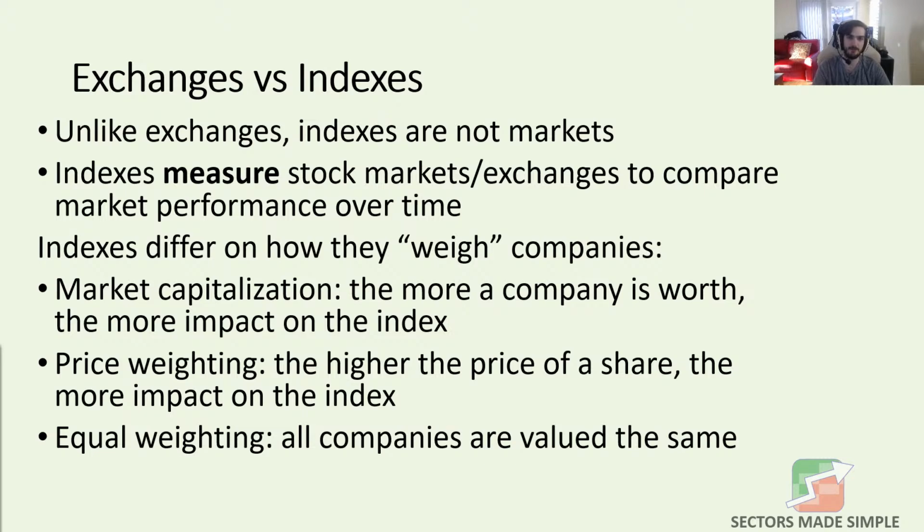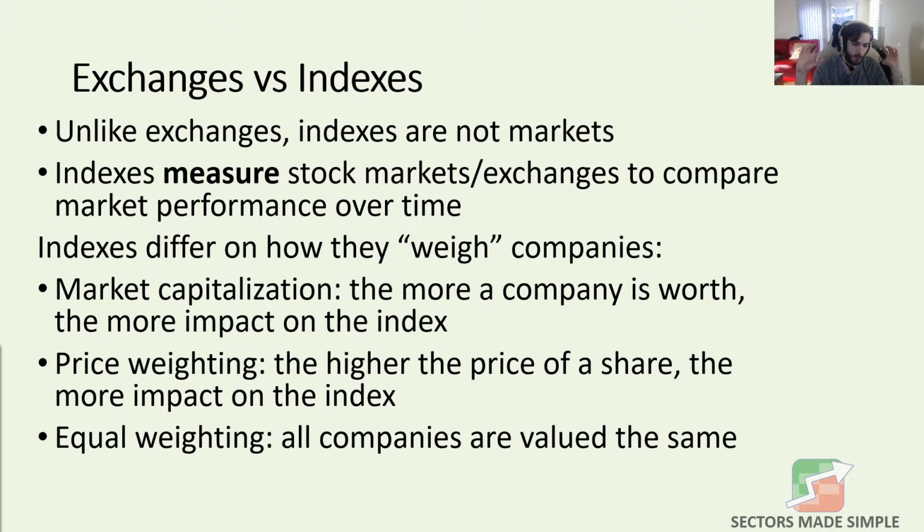Equal weighted, think of it like the US Senate. Every state, doesn't matter if you're California or Wyoming, every state has 2 votes. Equal weighted is the exact same thing. Walmart has the exact same amount of votes as Bed Bath & Beyond.